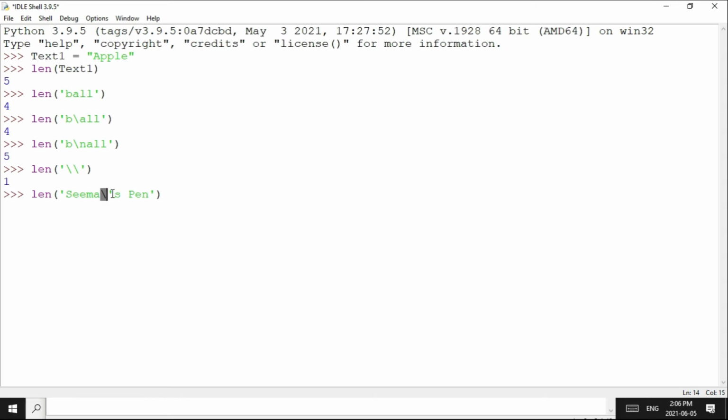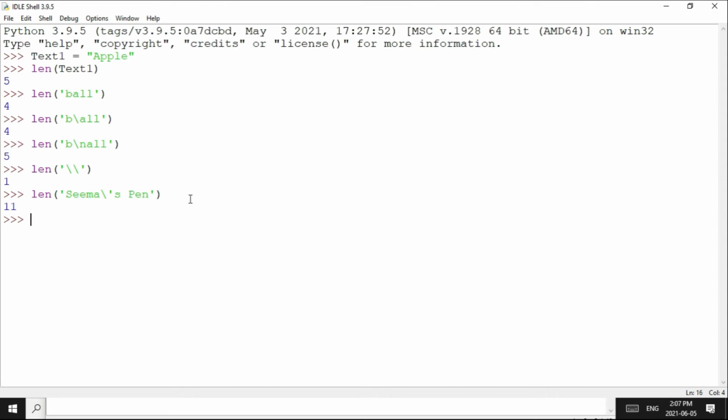Otherwise, the single quote will not be printed and we will get an error. So how many characters does this string have? 1, 2, 3, 4, 5. These two are considered as 1, so 6 characters. 7, space is the 8th character. 9, 10 and 11. Total 11 characters are here. So hopefully you are getting my points.